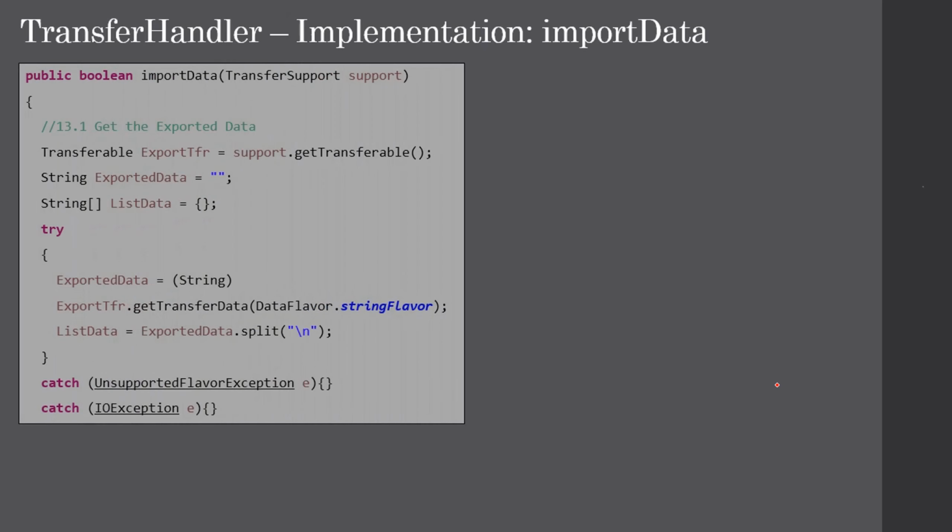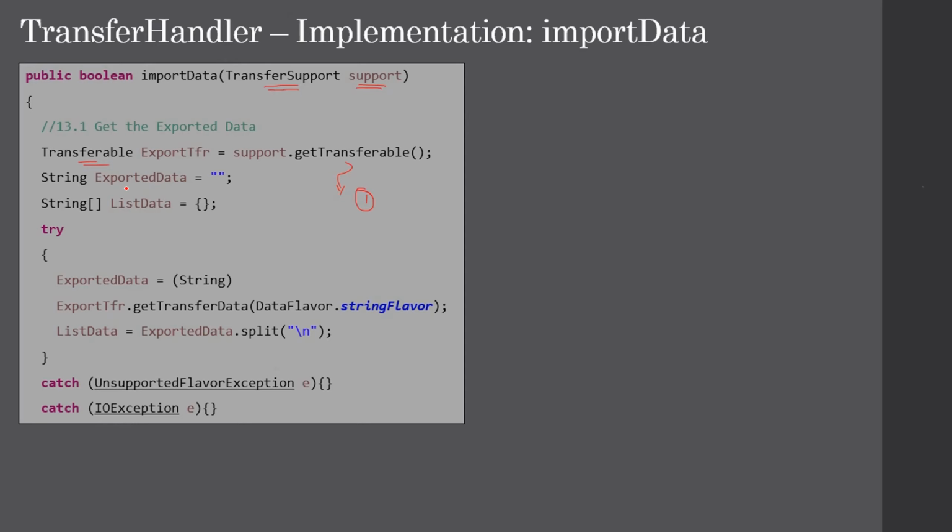Next, in importData, we receive the TransferSupport object when we are overriding this method, and from that you can get the transferable object. From the TransferSupport we are retrieving getTransferable, and we are receiving that as a Transferable.